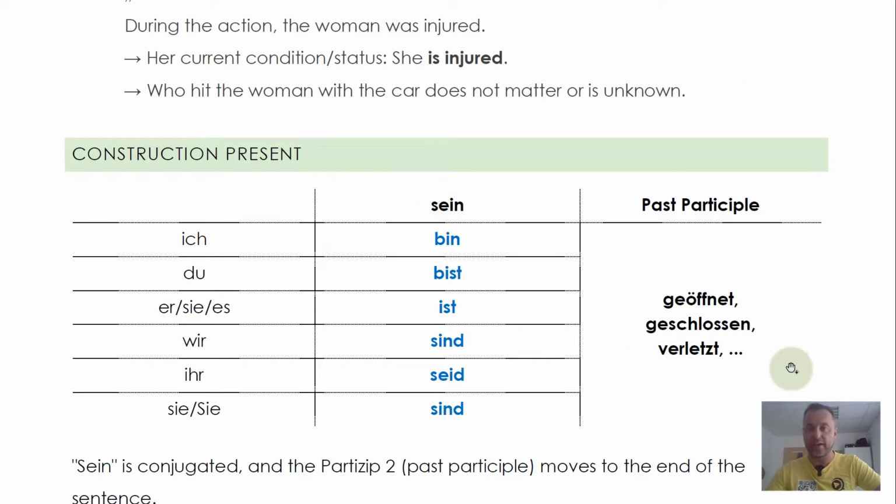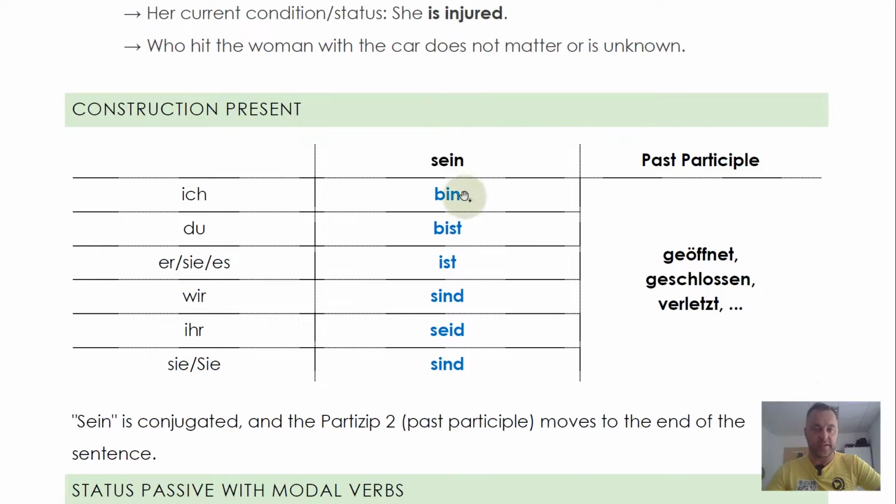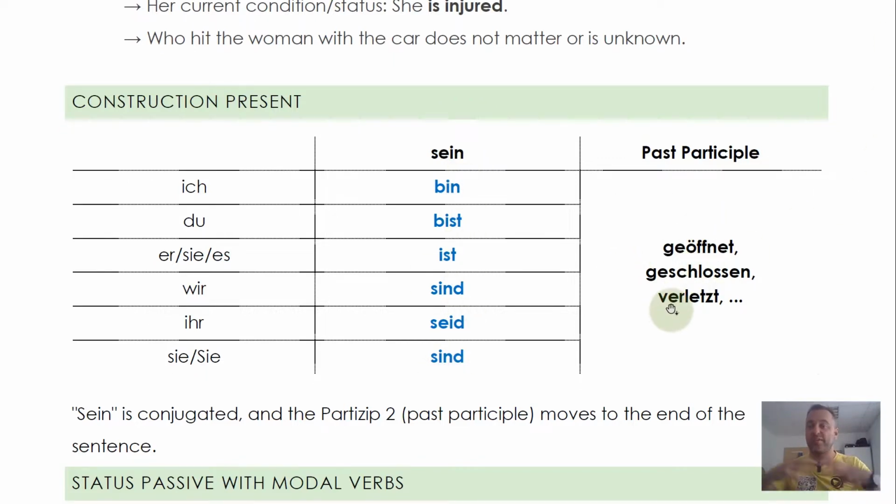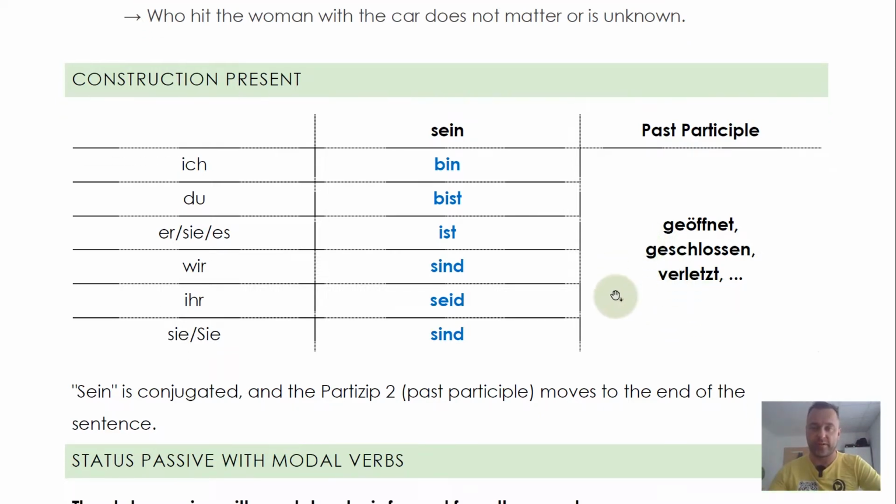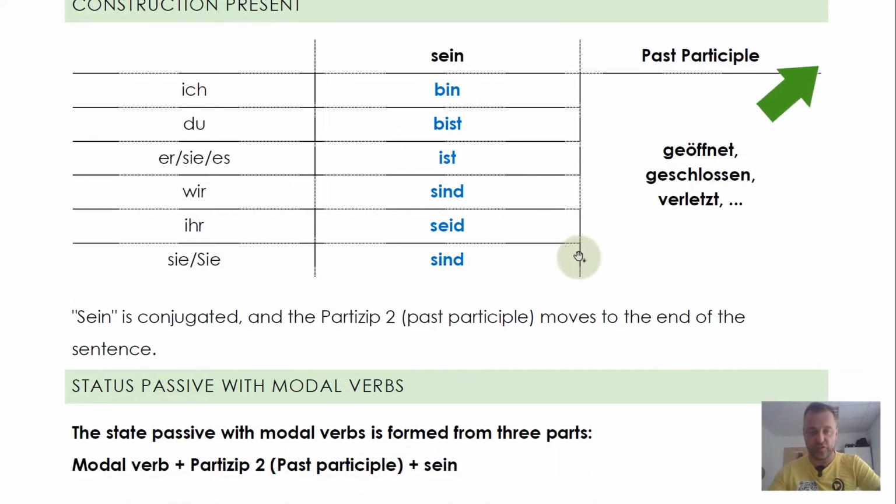So it's sein plus past participle. And sein, like you can see, is conjugated and the past participle stays the way it is. If you don't know how to create the past participle, I will link the video about the past participle in the info cards for you.